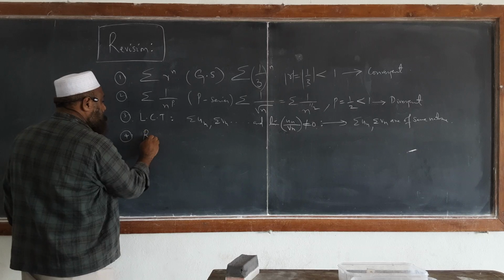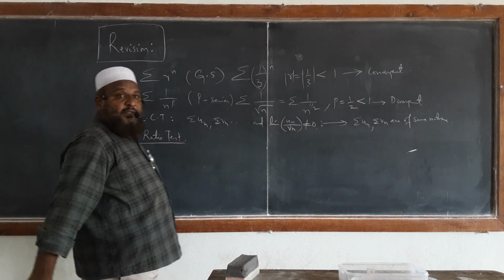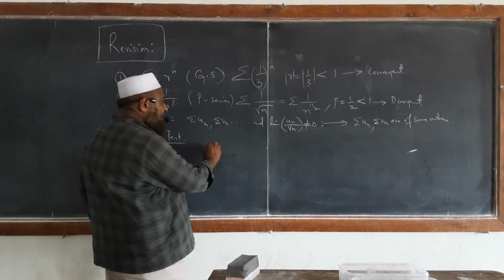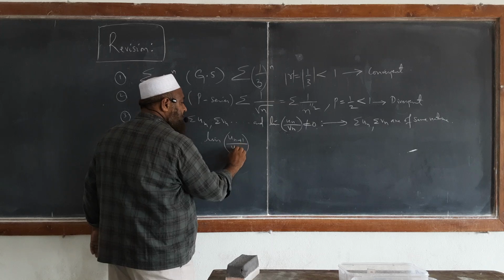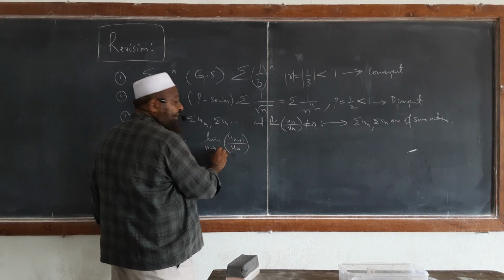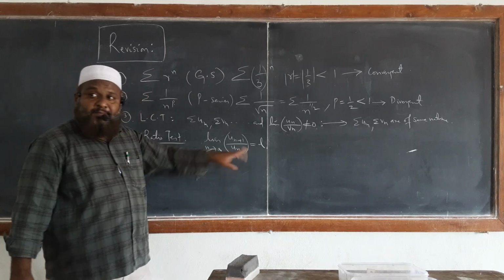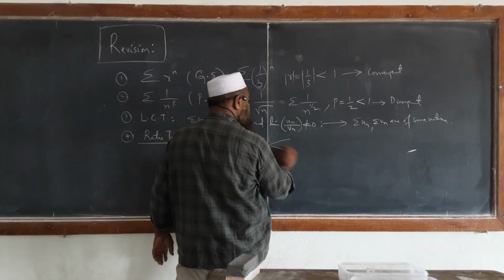So over. Next comes ratio test. If sigma un is a series of positive terms and what is the calculation? Limit of un plus 1 by un, n tends to infinity, is equal to L. Depending upon the L value, the decision will be taken. What are the three possibilities?